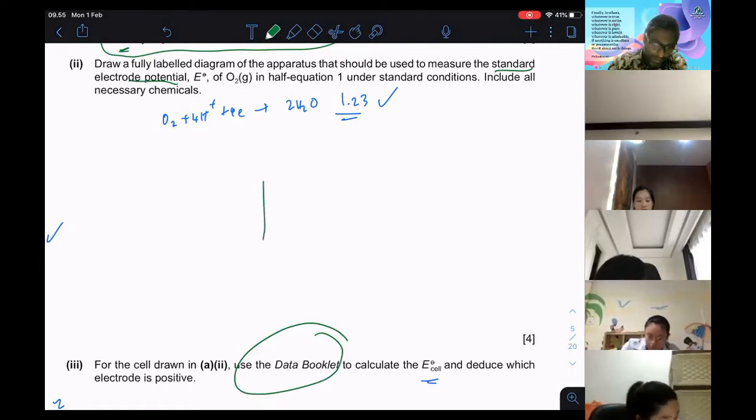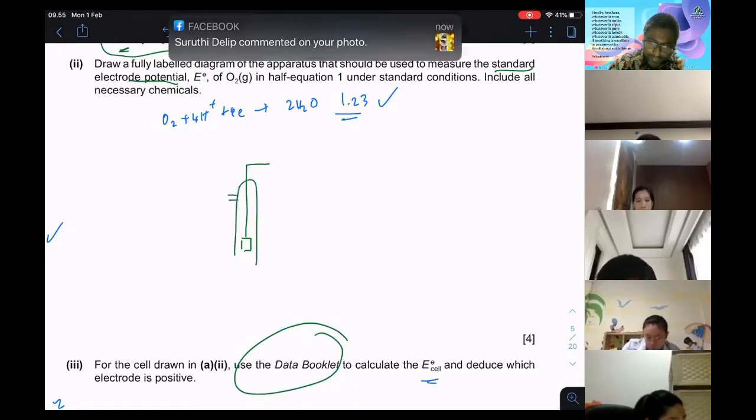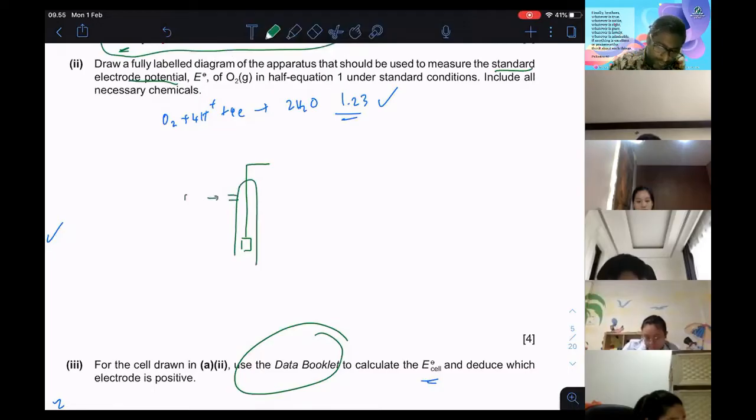We are using the hydrogen cell, so it's going to be something like this. You still need to give the hydrogen. So hydrogen will come in here, and then here will be H plus, this is platinum.